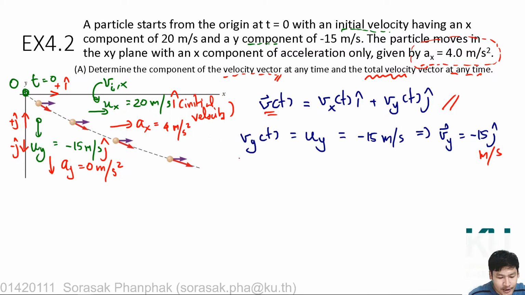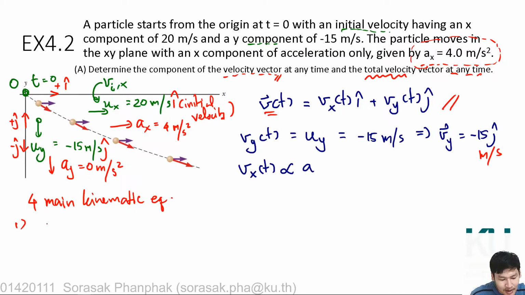How about the Vx(t)? You have seen the Vx has some influence of acceleration, so it's not going to be constant all the time. So Vx is supposed to have some relation with the acceleration, right? Think about the four main kinematics equations.